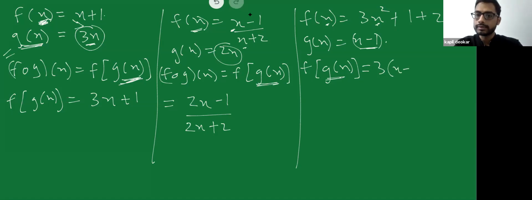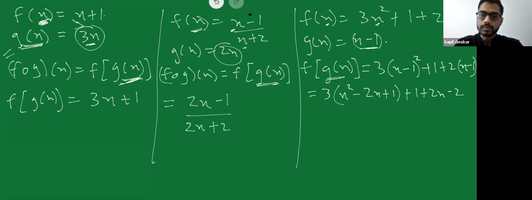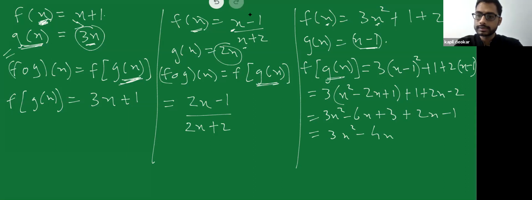So instead of x, I will write x minus 1 the whole square plus 1 plus 2 into x minus 1. A minus b the whole square is a square minus 2ab plus b square. So 3x square minus 6x plus 3 plus 1 plus 2x minus 2. Just simplify this. So 3x square minus 6x plus 2x is minus 4x, and 3 plus 1 minus 2 is 2.